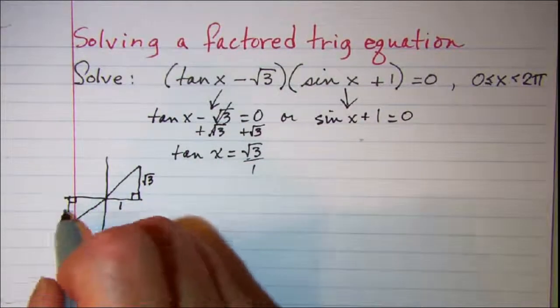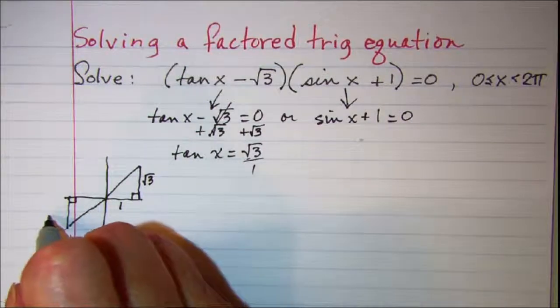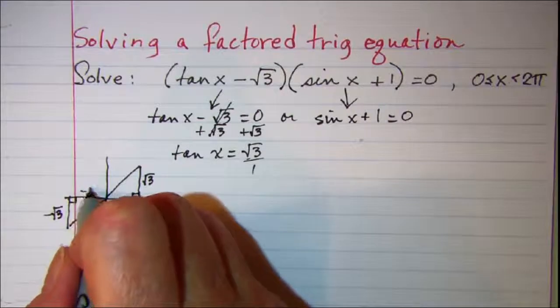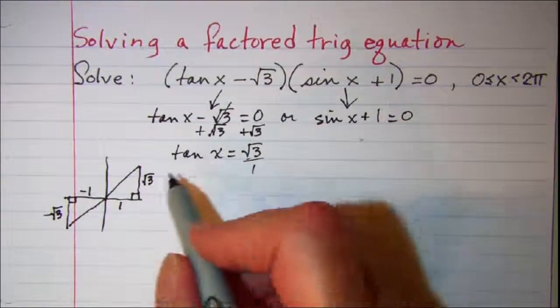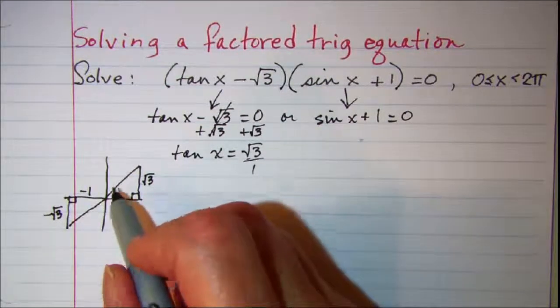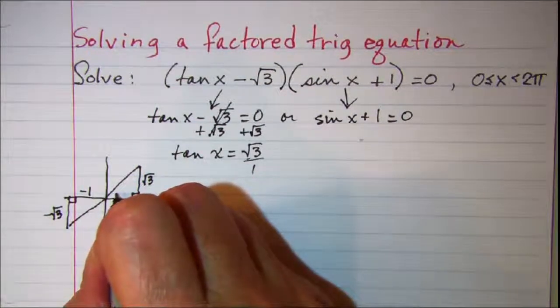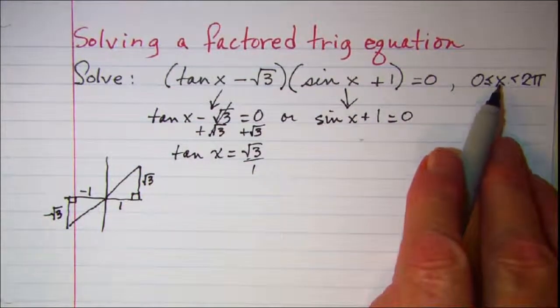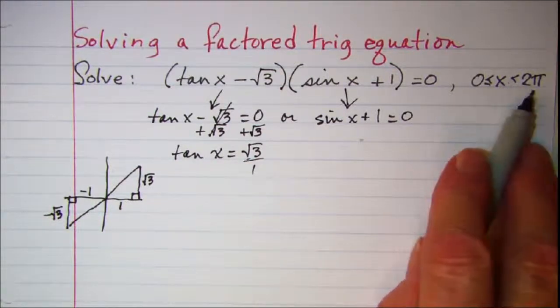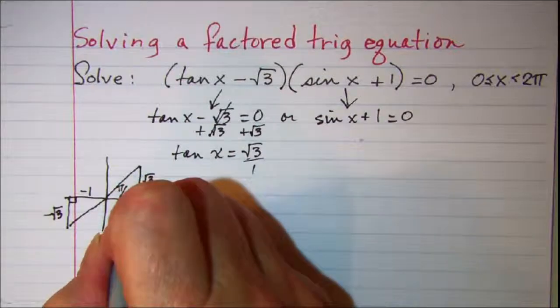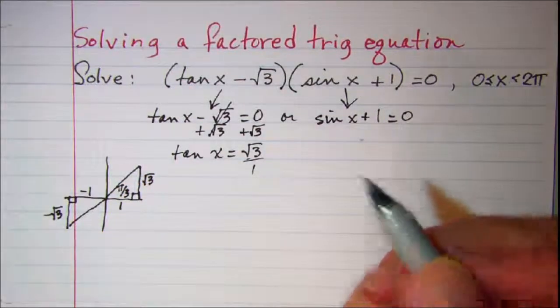Also on this triangle, the opposite side would be a negative radical 3, and the adjacent side would be a negative 1. So my angle in this special triangle is going to be a 60-degree angle, but since our domain is in radians, we need to use pi over 3 as a 60-degree angle.